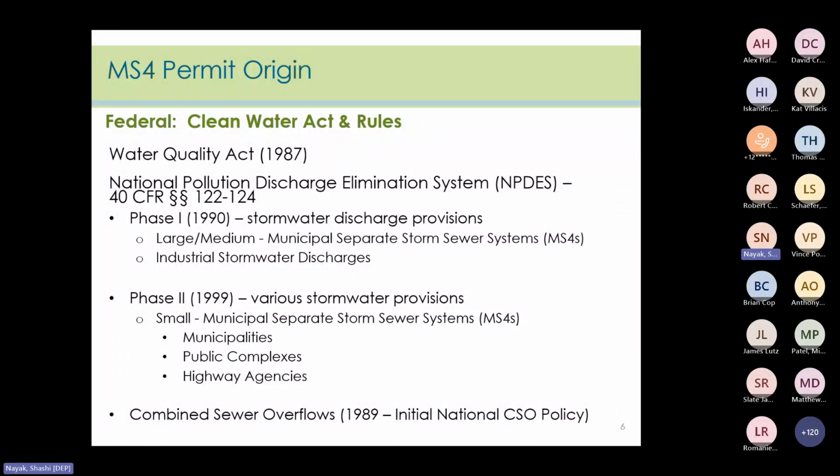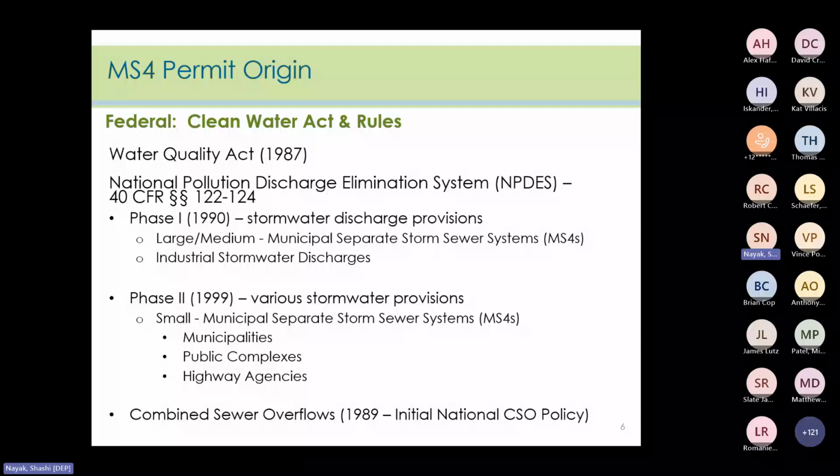Nearly a decade later, Phase 2 provisions were published that initiated stormwater management requirements for municipalities, public complexes such as large public colleges, prisons, hospital complexes, and military bases, and highway agencies such as county, state, interstate, or federal government agencies that operate highways and other thoroughfares.